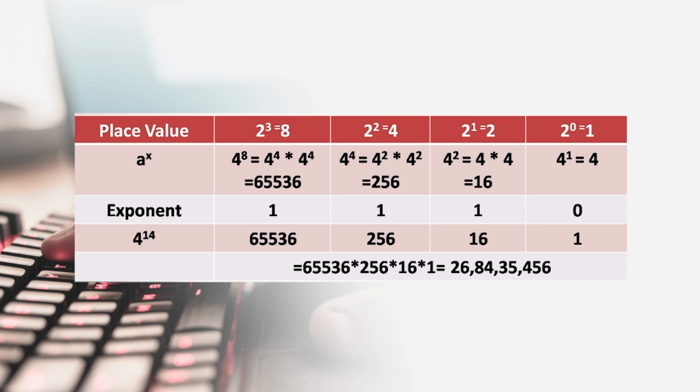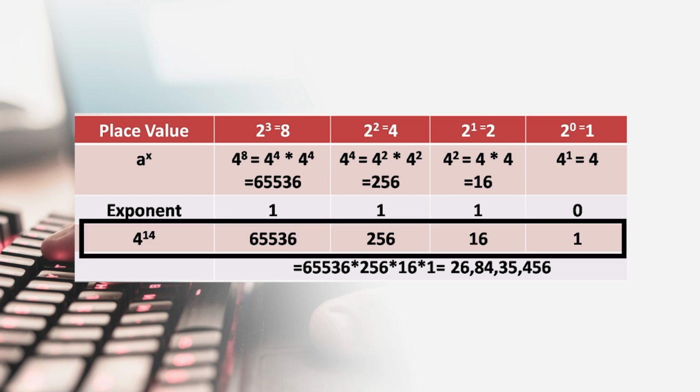Alright, so effectively we are multiplying 4 to the power 8 multiplied by 4 to the power 4 multiplied by 4 to the power 2 and multiplied by 4 to the power 0, which is 1. So what will we effectively get? We will get the value which is 4 to the power 14. And this is how we have done the binary exponentiation.